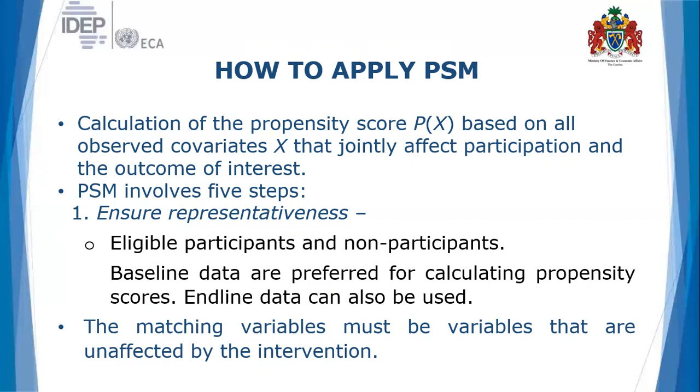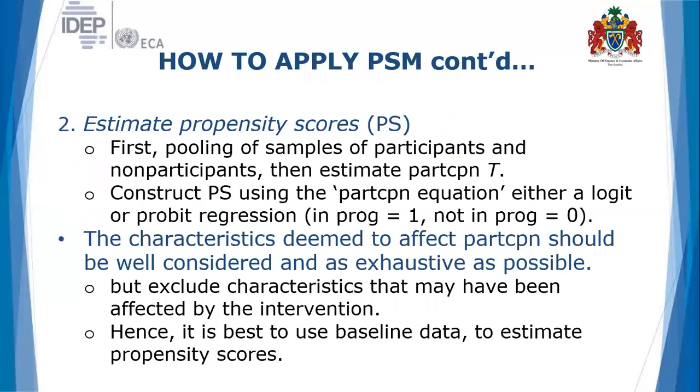The matching variables must be variables that are unaffected by the intervention. So the matching variable must not be affected by the intervention, but we want to determine the probability of individuals participating or not participating based on some characteristics that do not affect program intervention.